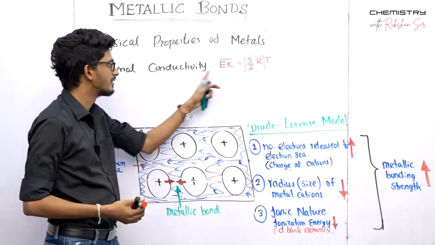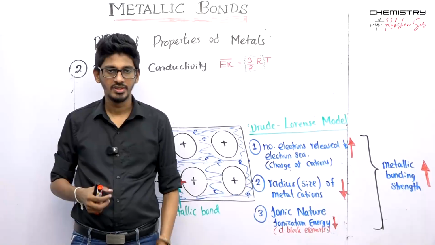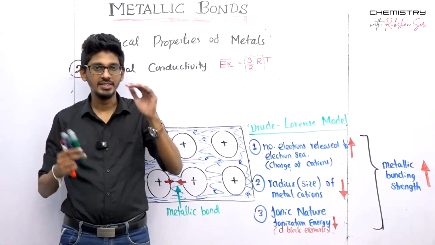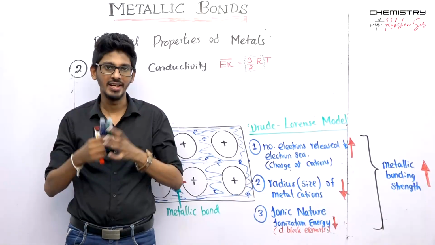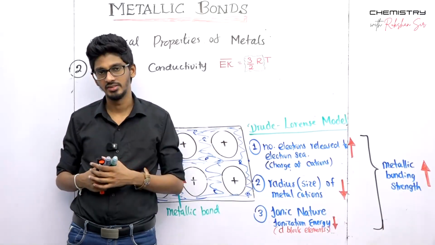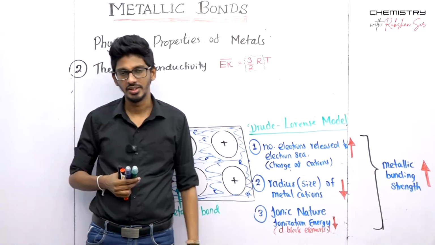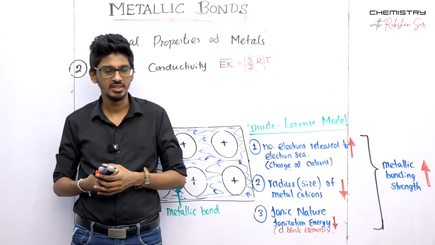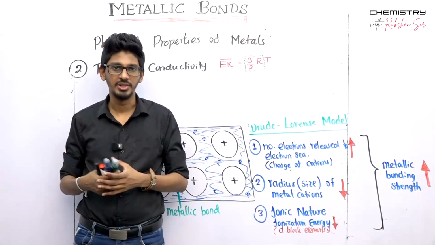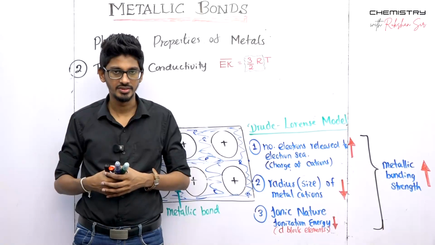So temperature means the kinetic energy of particles. If the particles are highly moving, that means the temperature is high. This equation is there in the fourth lesson. That is the molecular level picture of the heat or the temperature. Temperature means the kinetic energy.